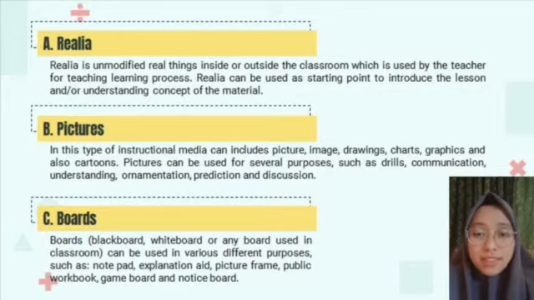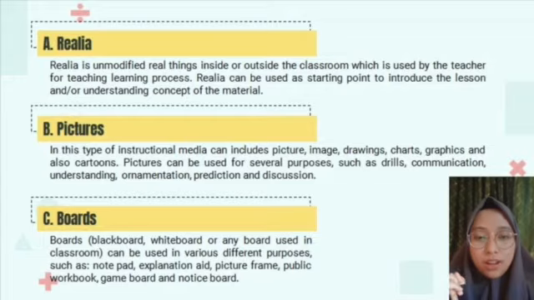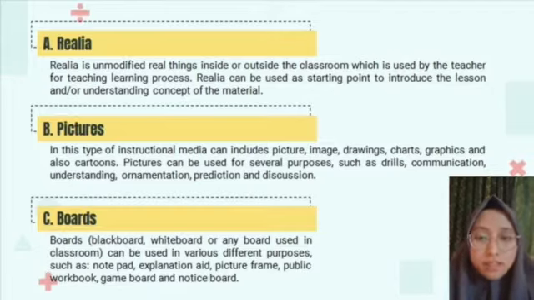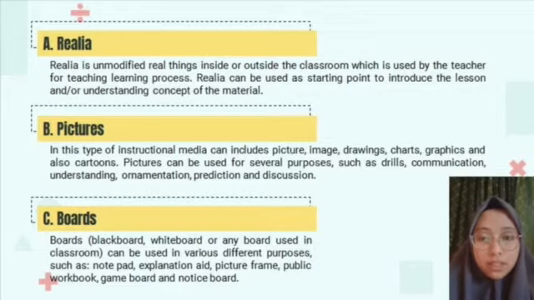The next is pictures. Pictures and images are examples of graphic materials. Graphic materials refers to non-photographic or two-dimensional material designed to convey message and information which combine symbolic, visual, and verbal information. It's like drawings, charts, graphics, and also cartoons.